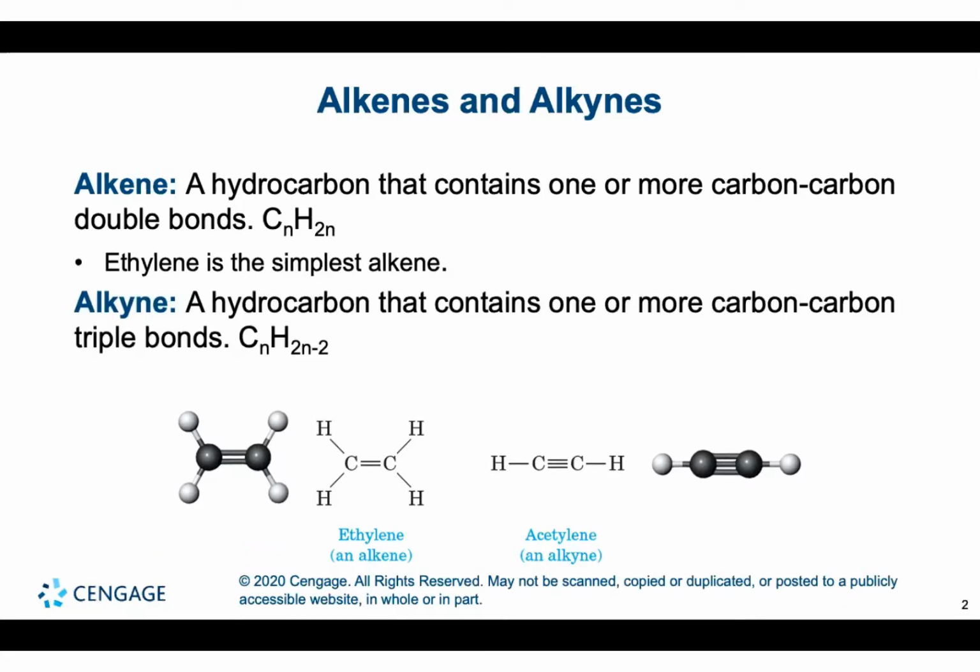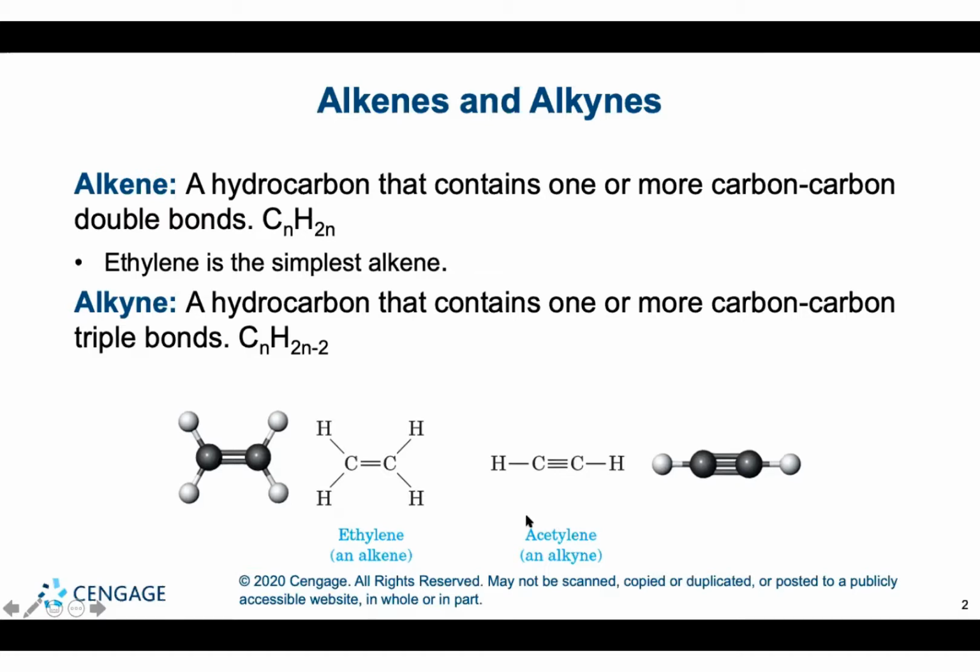Let's talk about alkynes. Alkynes are compounds that have triple bonds in them. Their chemical formula is CnH2n-2. So whenever you see a chemical formula, you can find out if the compound is an alkyne by following this rule. Here you see an example of an alkyne in the right picture.